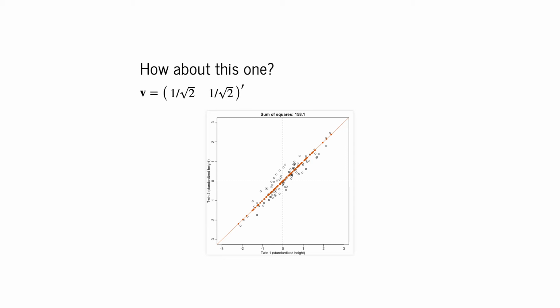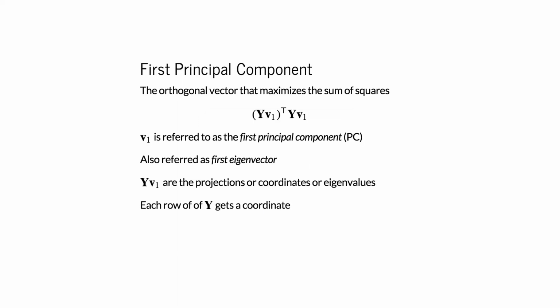When you map each point to the space spanned by v, you can see that it has a wide range, and it turns out that this is the solution. So this vector that we just showed is the vector that maximizes the sum of squares of yv1 transpose yv1, and it's referred to as the first principal component.